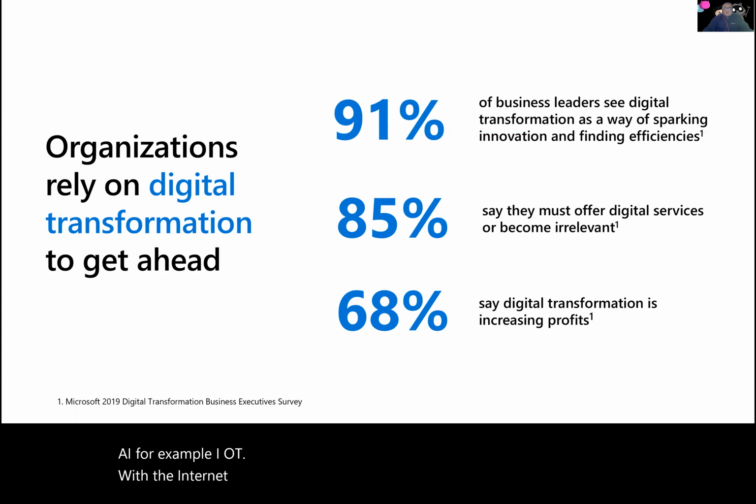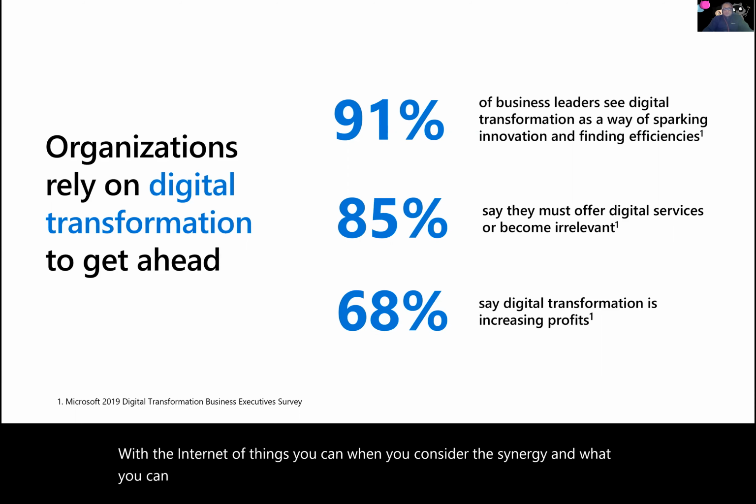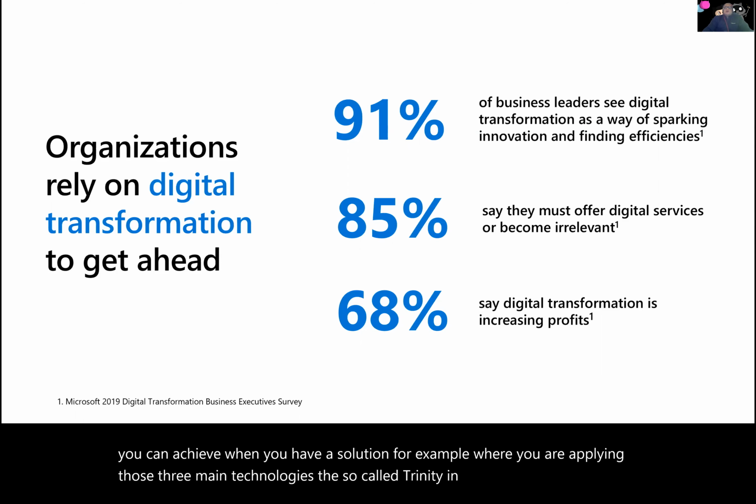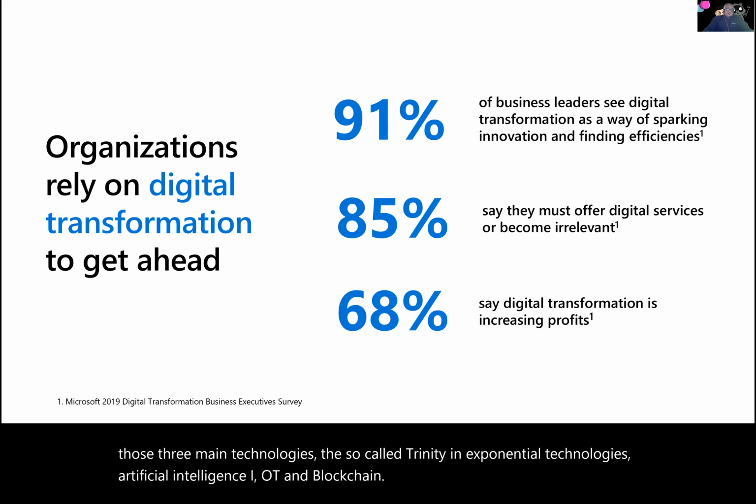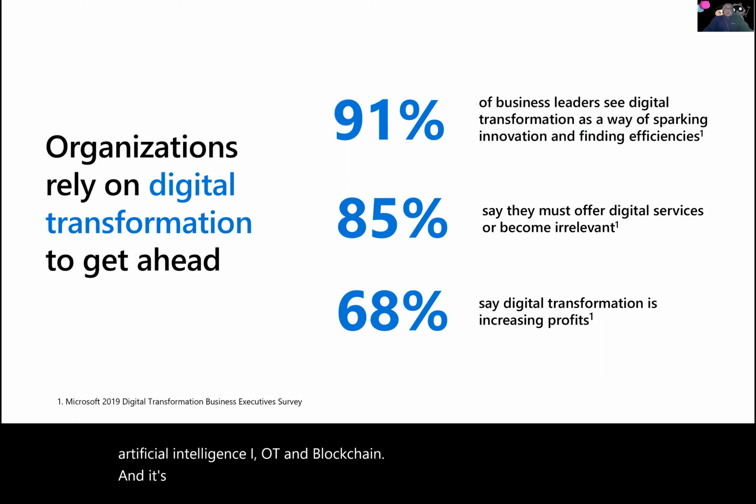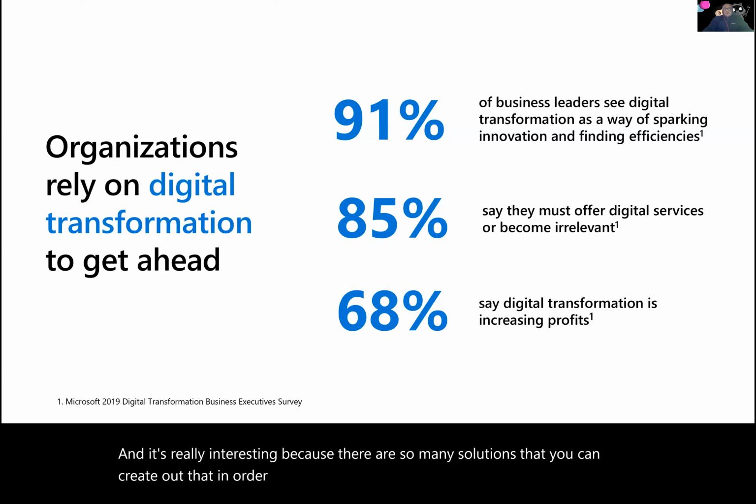Consider the synergy you can achieve when you have a solution applying those three main technologies, the so-called trinity of exponential technologies: artificial intelligence, IoT, and blockchain. It's really interesting because there are so many solutions that you can create out of that in order to transform business processes and achieve the competitive advantage that you need.